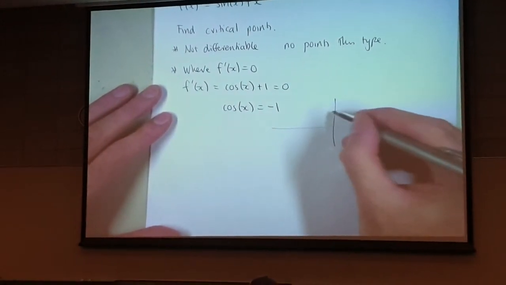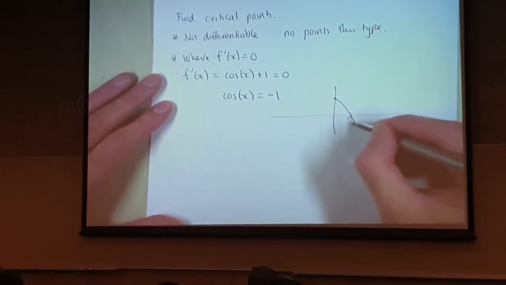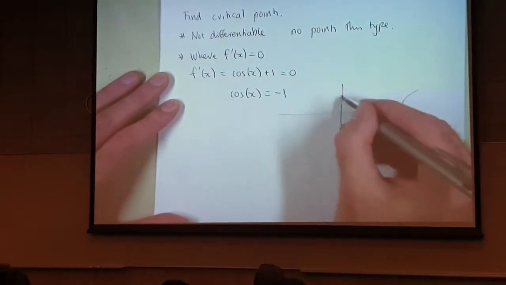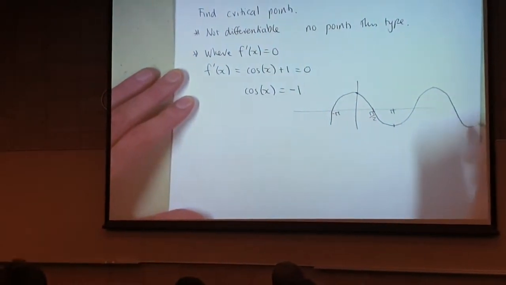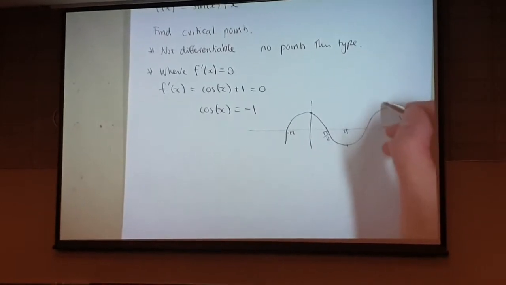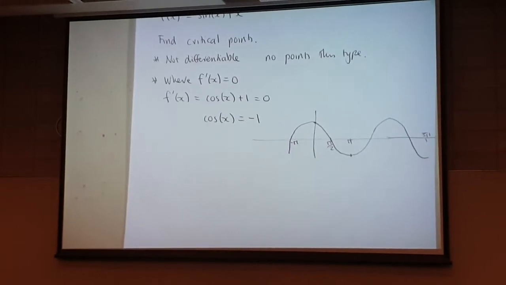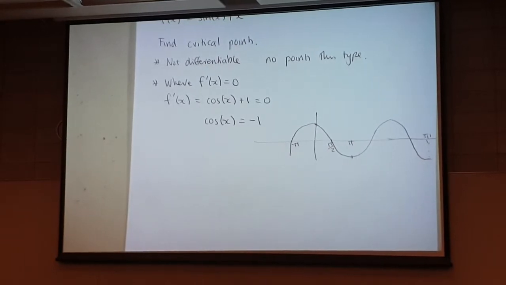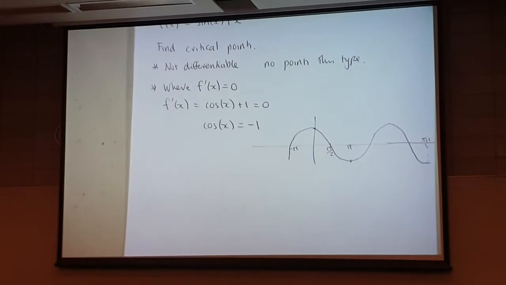It's 1 there, and then it goes down to -1 at pi, comes back up, and also comes down at -pi, and -3 pi. So basically at all odd multiples of pi, so pi, 3 pi, -3 pi, cos of x is going to be equal to -1.